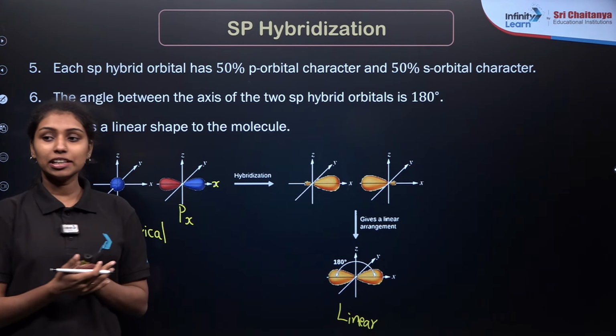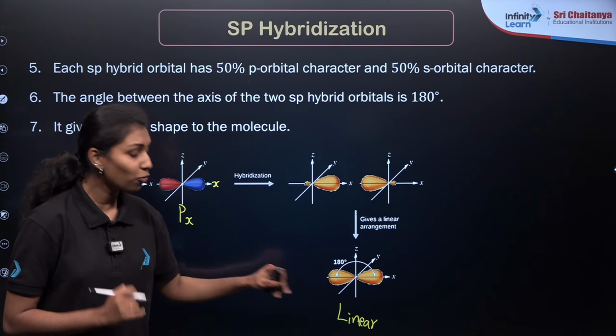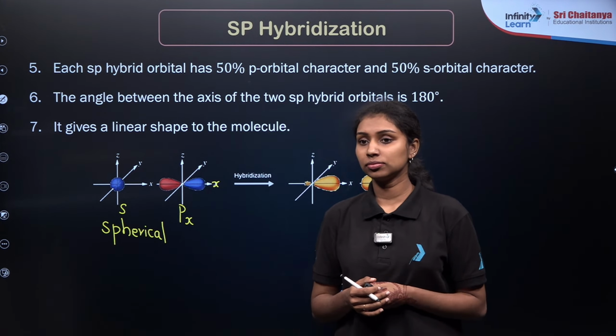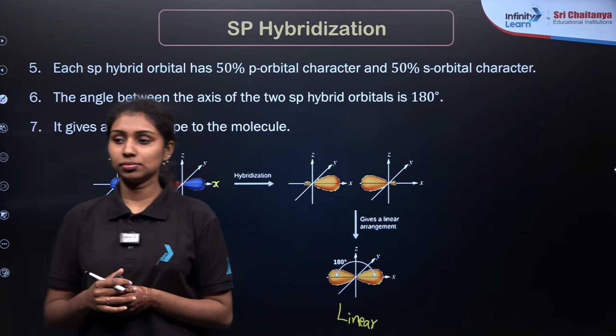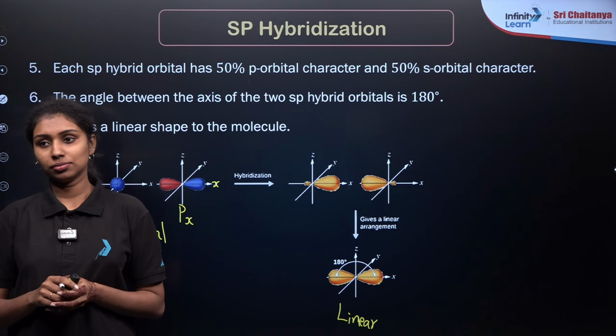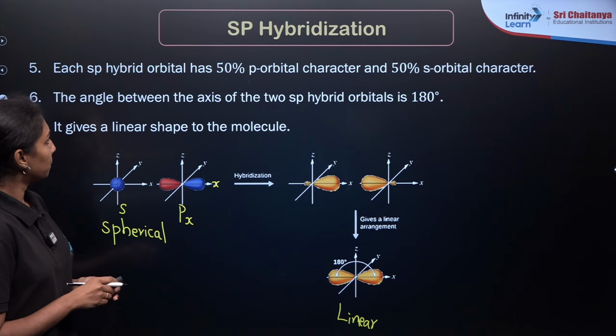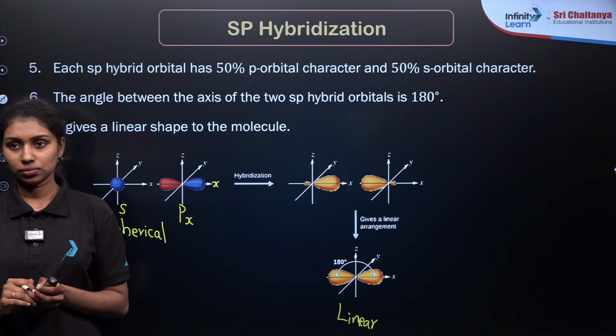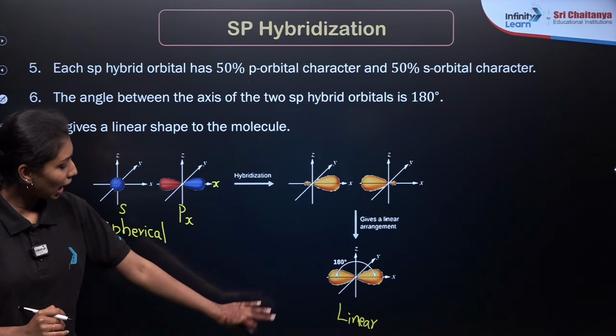Is that clear? Linear means it will be in a straight line, so the bond angle will be 180 degrees. So this is about the case of sp hybridization.